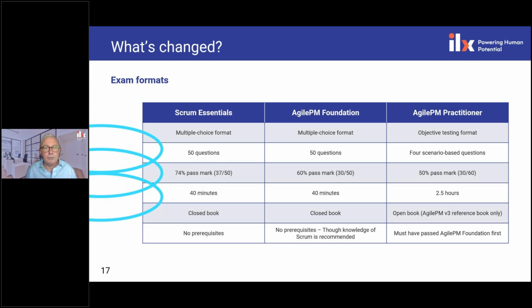There is a digital version arriving later this year, but the paper-based textbook can be used within your exam. You can write in that textbook. You can draw in that textbook. You can put tabs to help guide you through the various chapters. There is a prerequisite. You must have passed AgilePM Foundation first. Again, 50% pass mark. It is very, very doable.